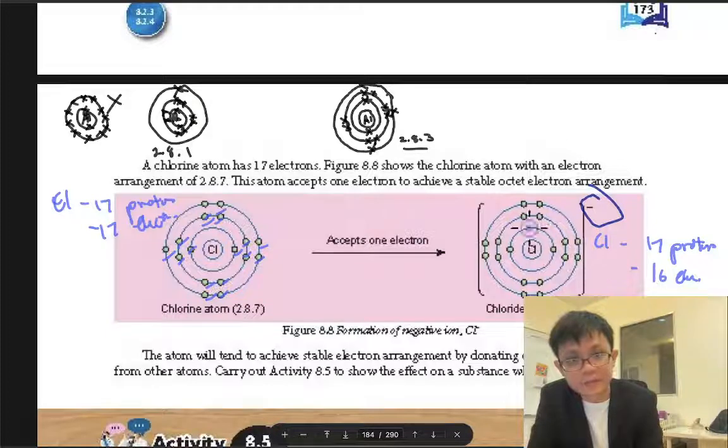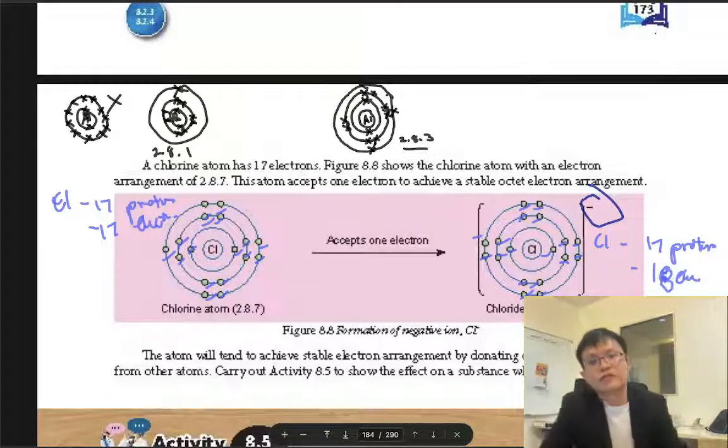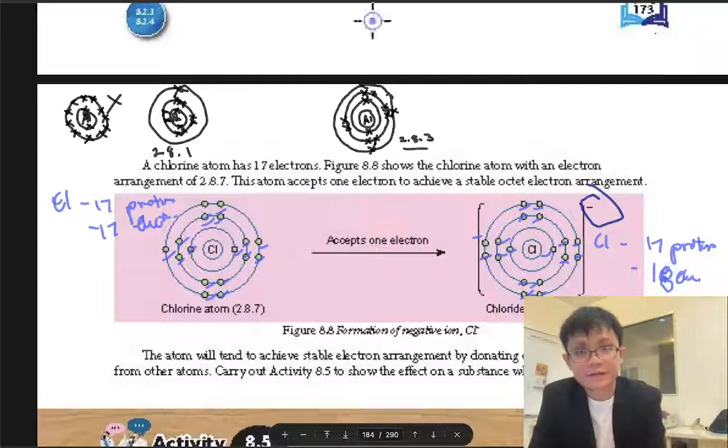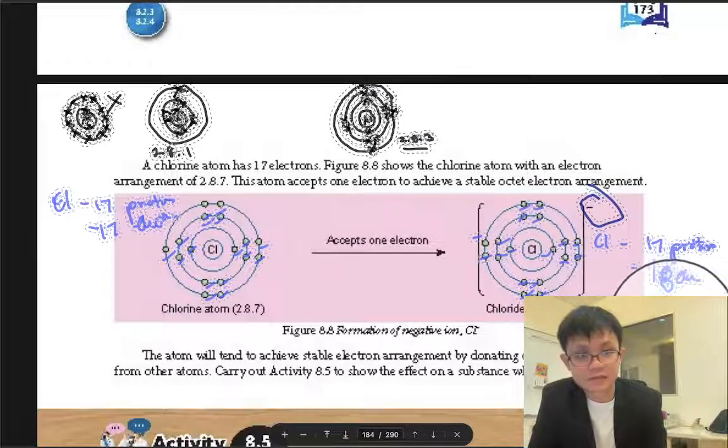Let's count here: 1, 2, 3, 4, 5, 6, 7, 8, 9, 10, 11, 12, 13, 14, 15, 16, 17, 18. Oh, got 18 already, sorry. So from 17 electrons, it has become 18. So it has more. Wait, let me erase this one so that it will be a bit clearer.